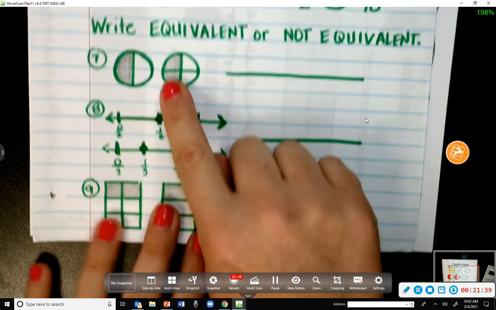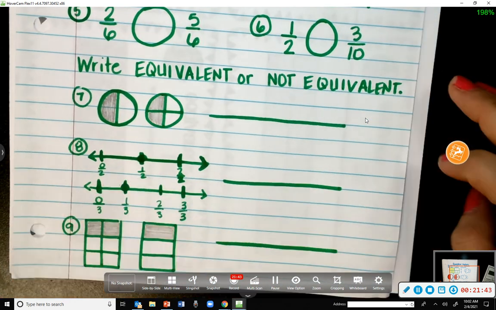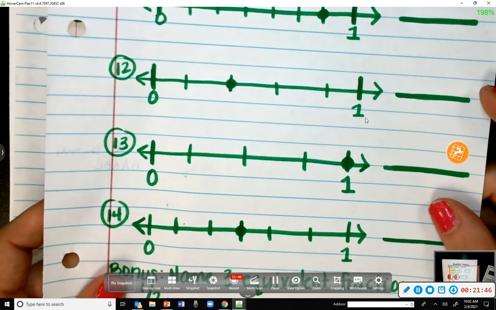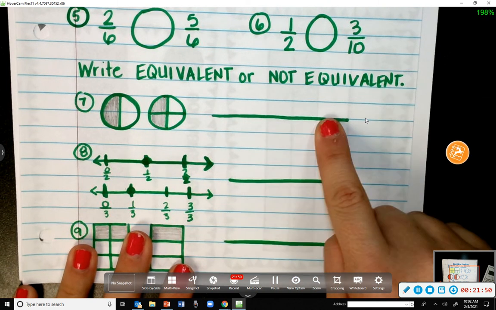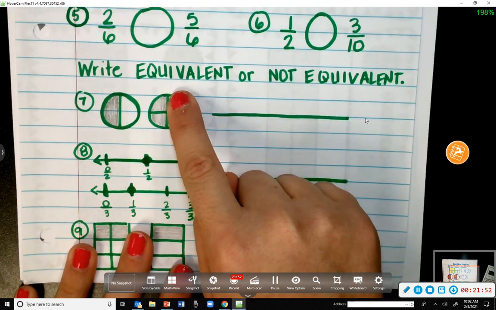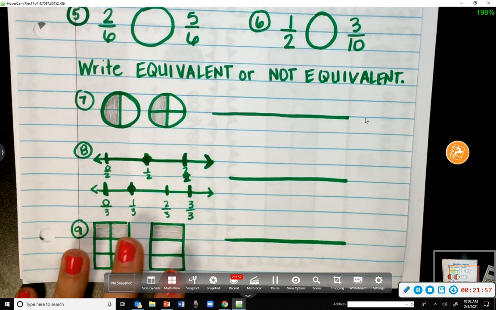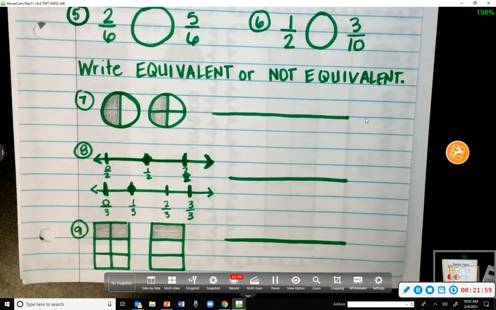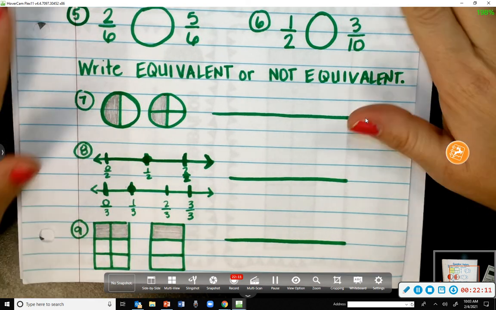So 7 through 14, the end, you're trying to tell me if they're equivalent or not equivalent. That's all you have to do. On the line out to the side, I want you to put equivalent if they're equal, not equivalent if they're not equal. If you're not sure, by just looking at the shaded parts, what can you do? Kelsey? You could multiply. You can multiply, okay?